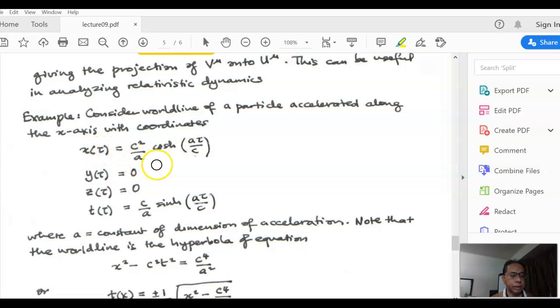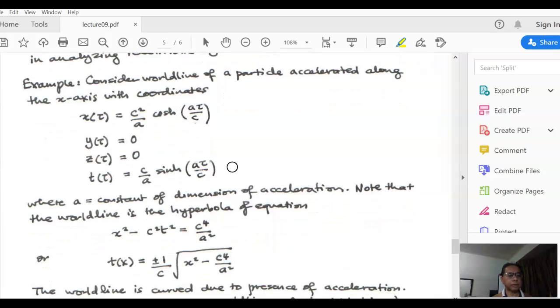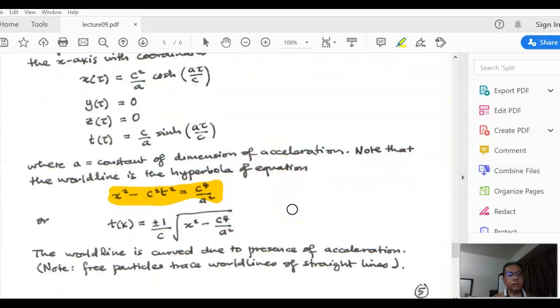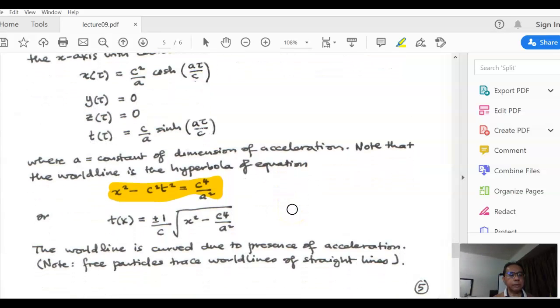Remember that you need to have your ds squared equal to a constant. But the constant is in fact this hyperbola. So in that particular case, if you want, you can reparameterize this hyperbola using the time coordinate.